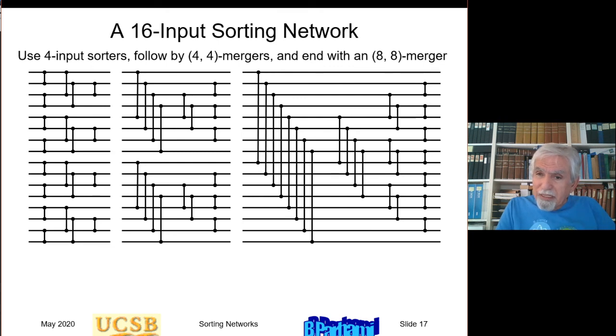It was systematically designed from 4 input sorting networks that were combined with 4-4 merger networks to get, so this part is an 8 input sorting network. And then 2 8 input sorting networks, their outputs merged, gives me a 16 input sorting network.